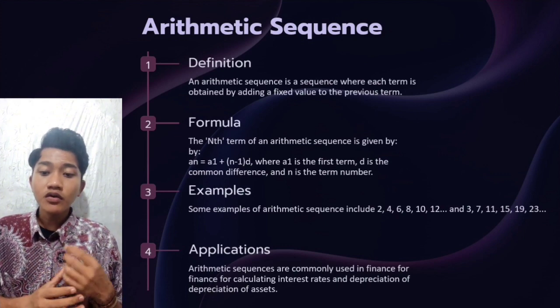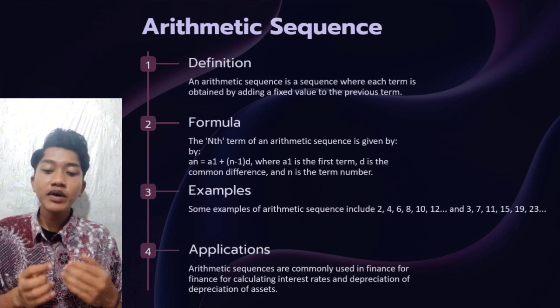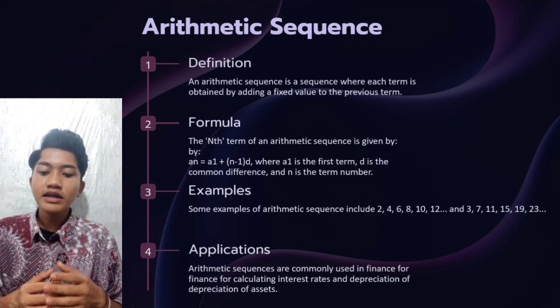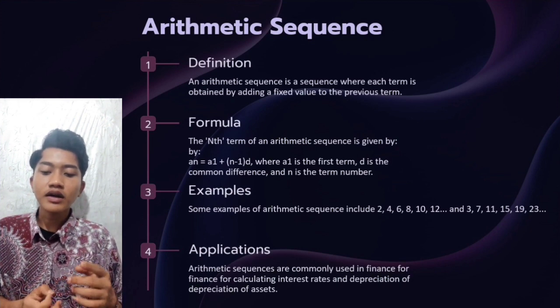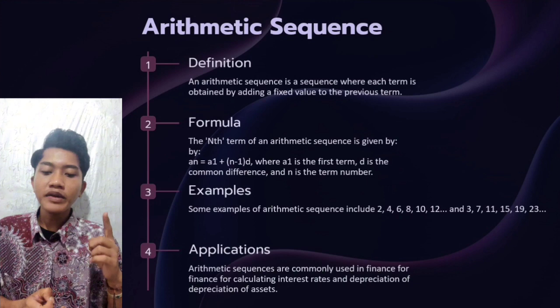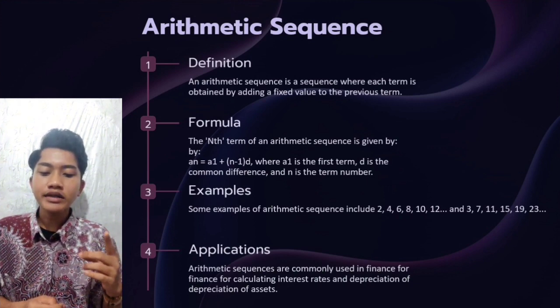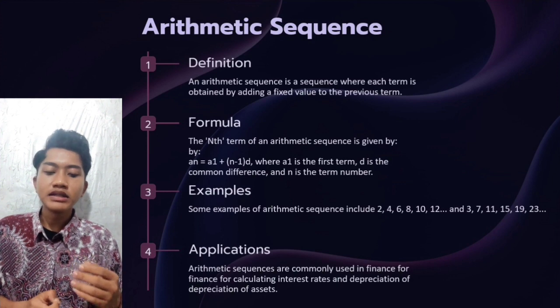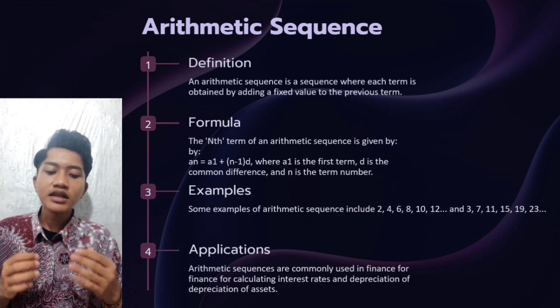Number 2, formula. The nth term of the arithmetic sequence is given by a_n = a_1 + (n - 1)d, where a_1 is the first term, d is the common difference, and n is the term number.